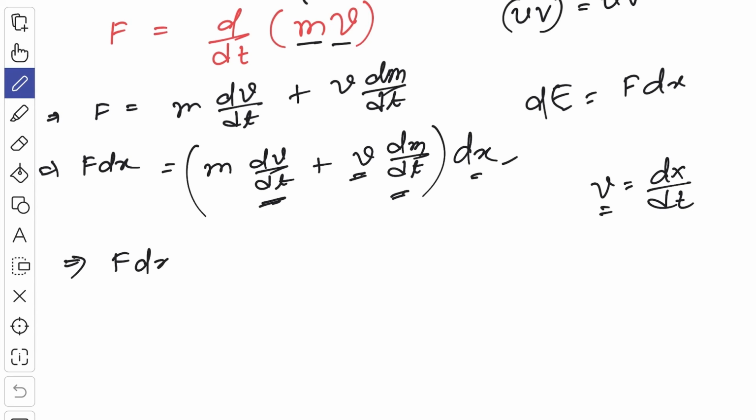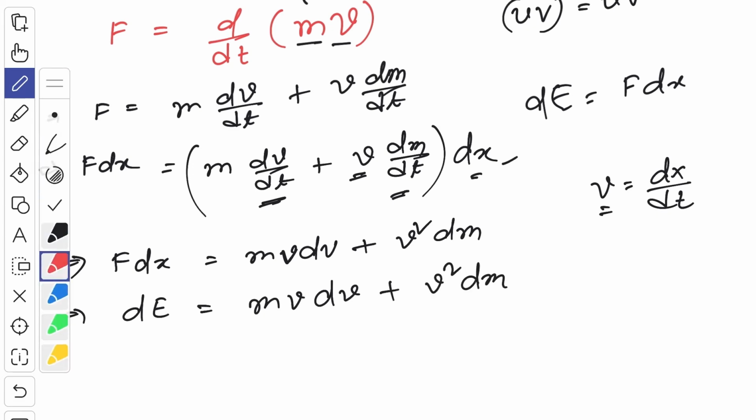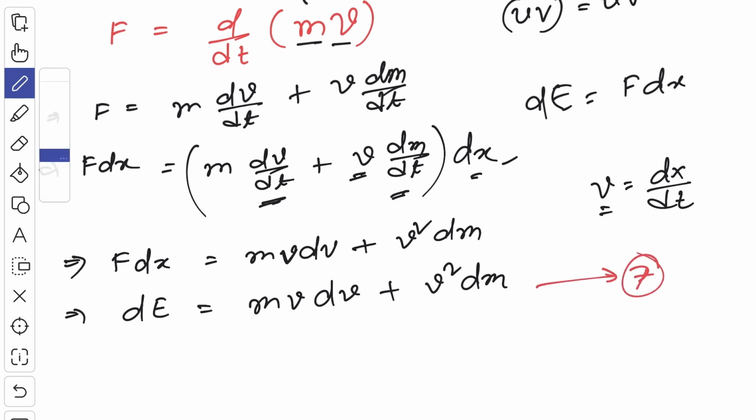So F dx is equal to m v dv plus v square dm. Now force into displacement is nothing but energy, so dE equals m v dv plus v square dm. This is equation number 7.